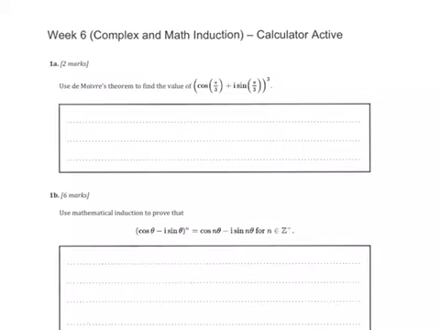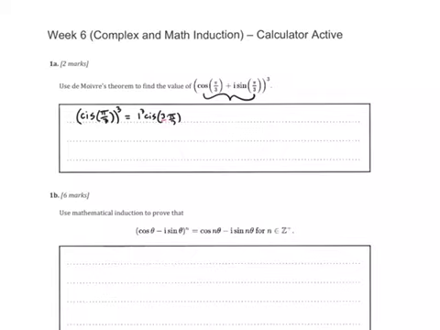All right, so with 1a, 2 marks, this expression here, cosine pi over 3 plus i sine pi over 3, is equivalent to cis pi over 3. If I were to cube that, instead of expanding the expression above using the binomial theorem, I can use de Moivre's theorem, which tells me that I would have 1 cubed cis 3 times pi over 3.